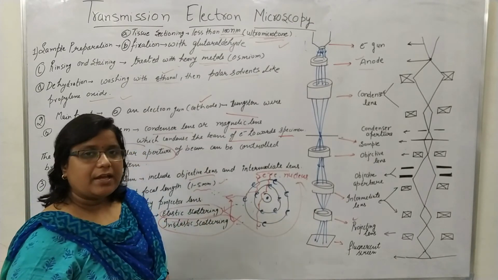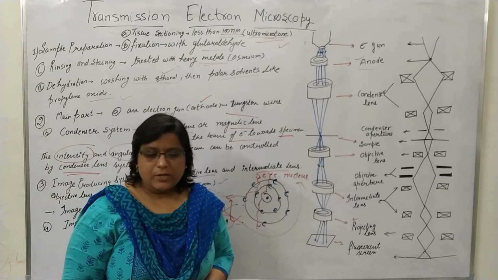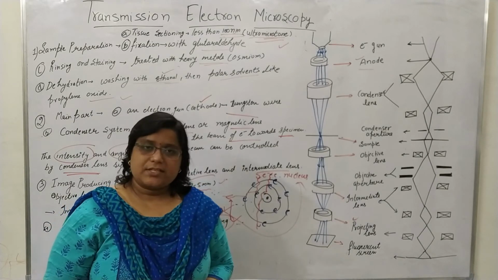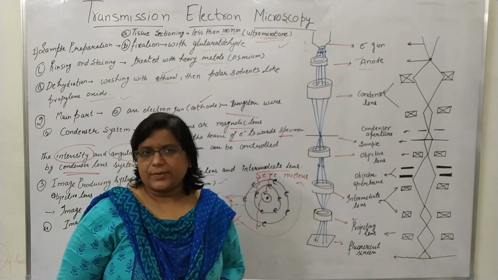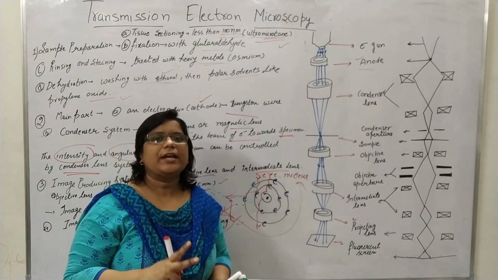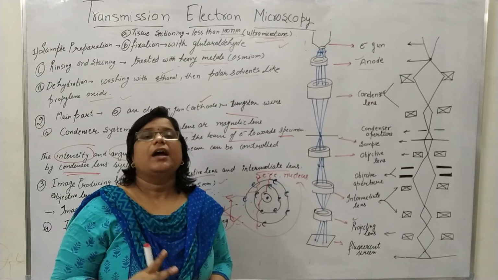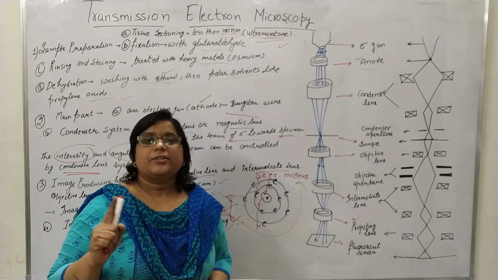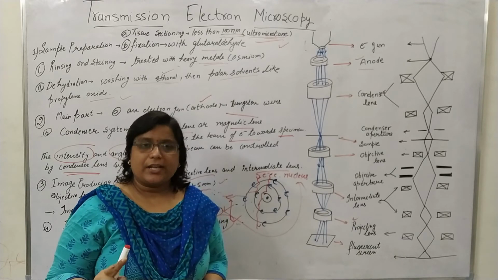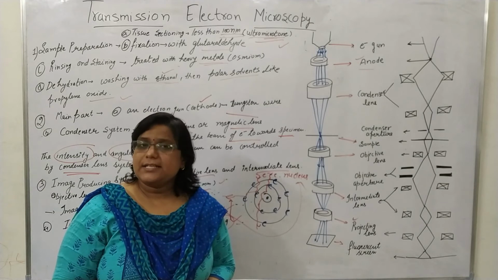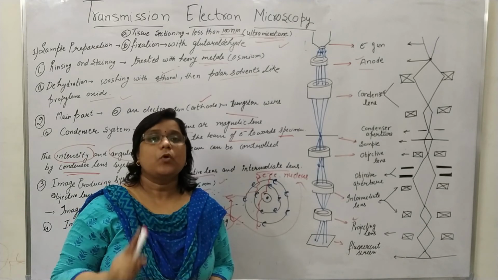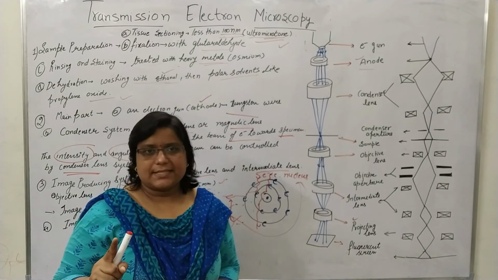So two types of scattering are produced: elastic scattering and inelastic scattering. The elastic scattering is due to the electron-nucleus attraction, and the inelastic scattering is due to the electron-electron interaction. In inelastic scattering, the scattering is more as compared to elastic scattering.